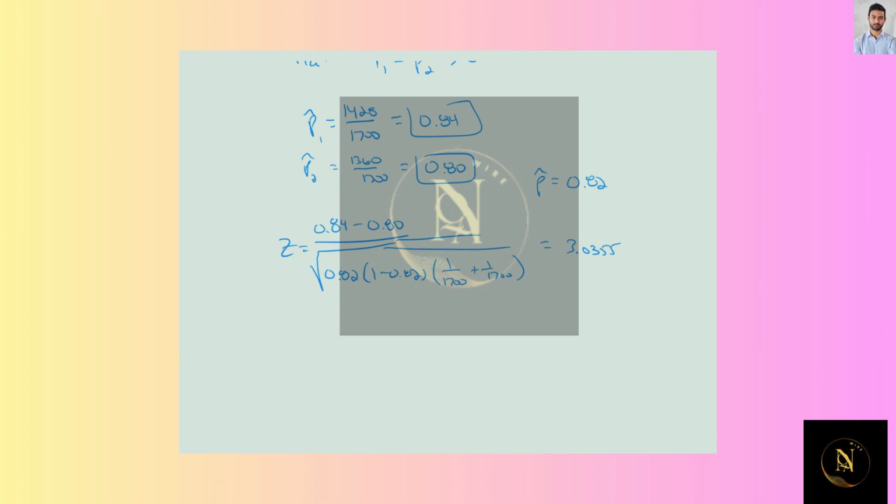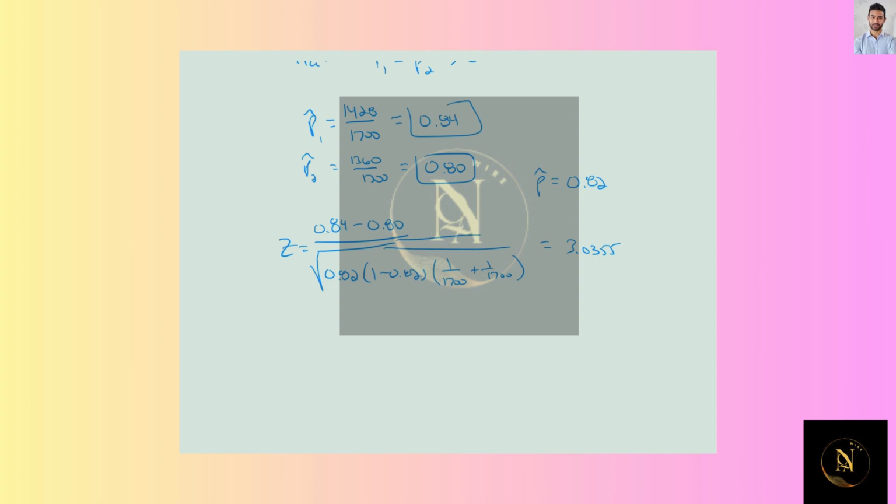And now we want a p-value. You can do this from a z-table, which is a standard normal table, or a calculator. If we have a z-score of 3.0355, this is going to be one-tailed.